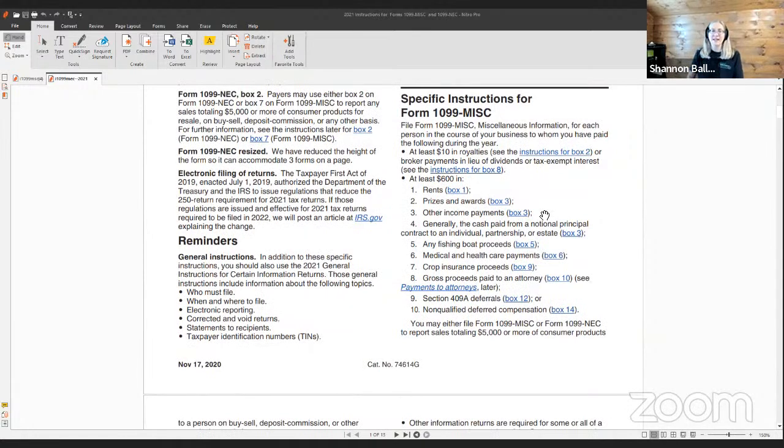Form 1099 NEC was resized. We have reduced the height of the form so it can accommodate 3 forms on a page, which is great if you're printing on plain white paper and you didn't already purchase a whole bunch of envelopes that are printed for 2 forms on a page.